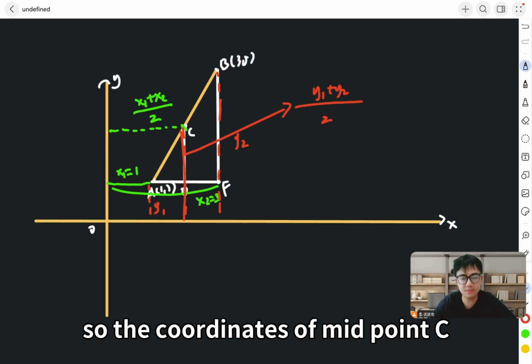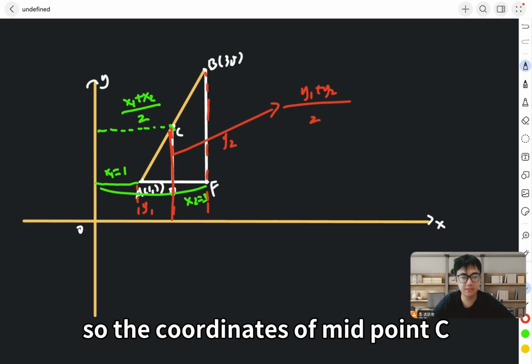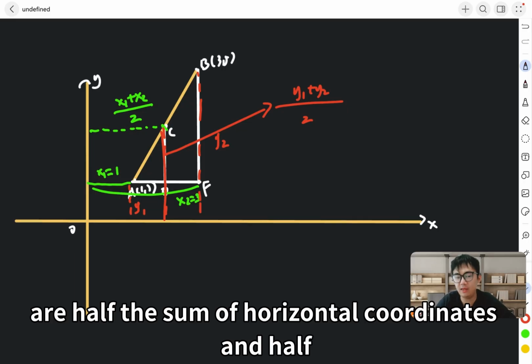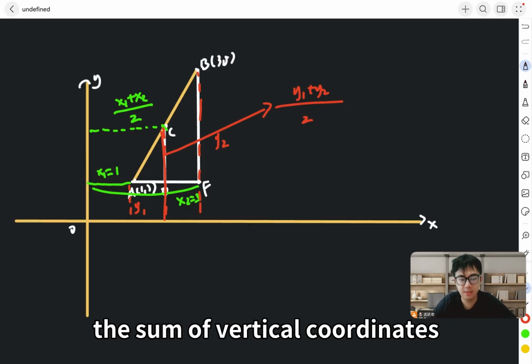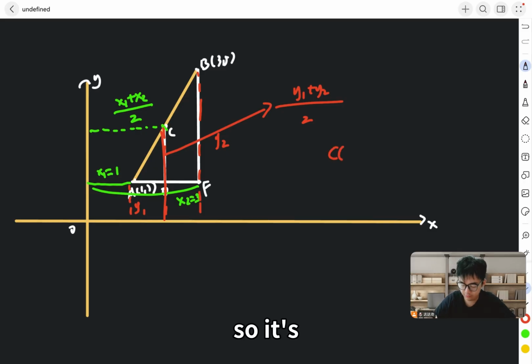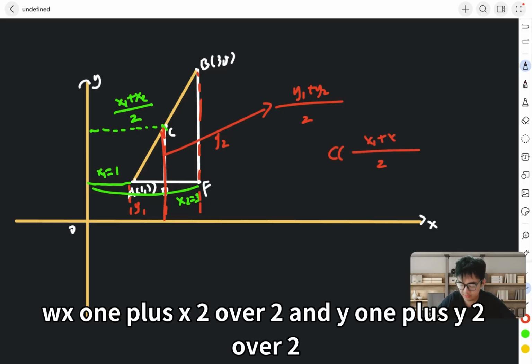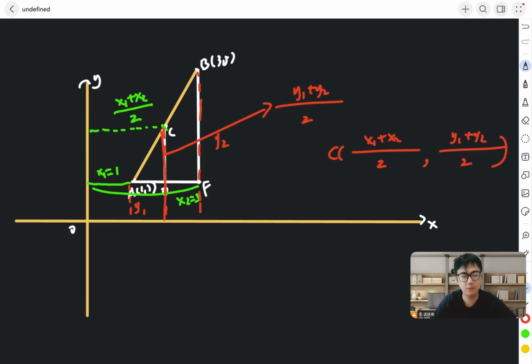So the coordinates of midpoint C are half the sum of the horizontal coordinates and half the sum of the vertical coordinates. So it's (x1 plus x2) over 2 and (y1 plus y2) over 2.